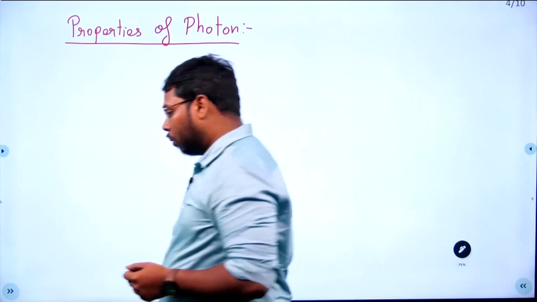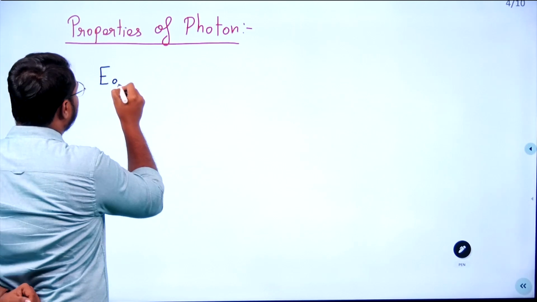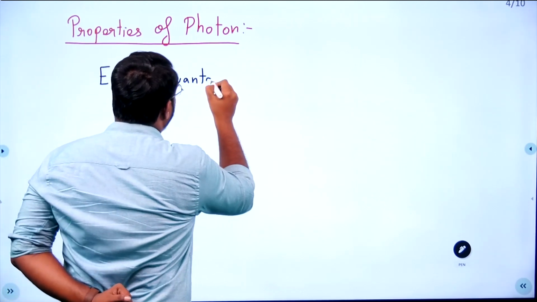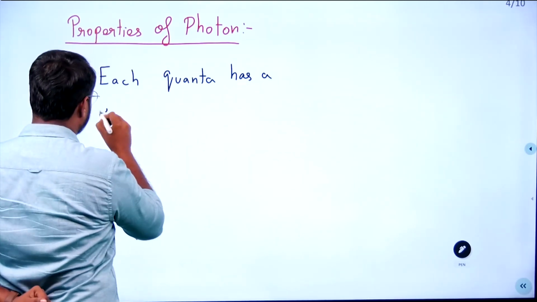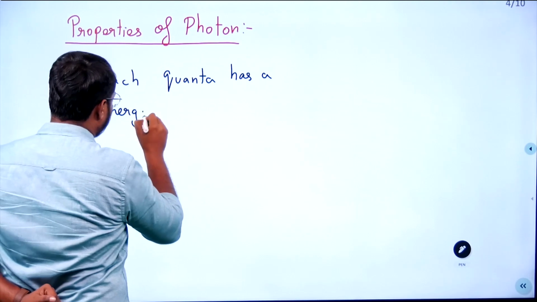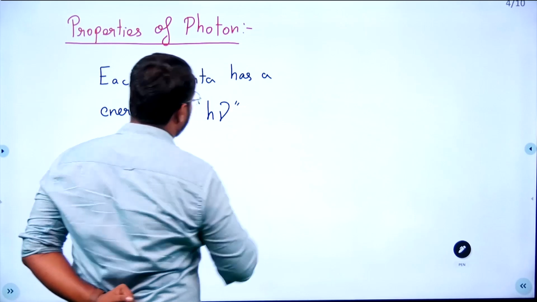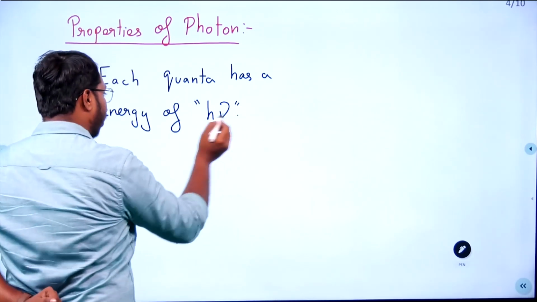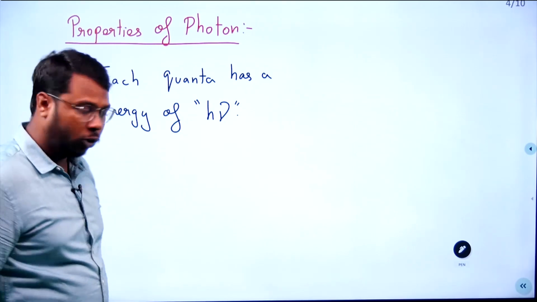Each quanta has an energy of h mu. Later on, this quanta is what we call as photon.